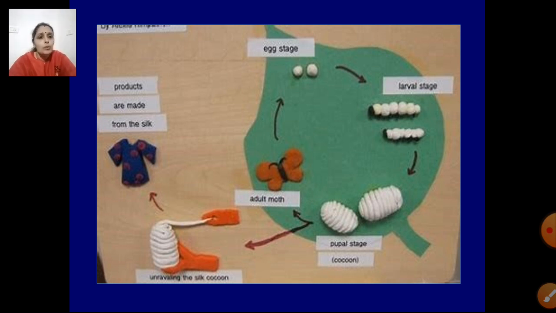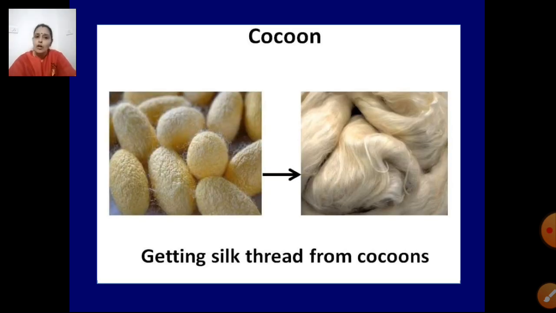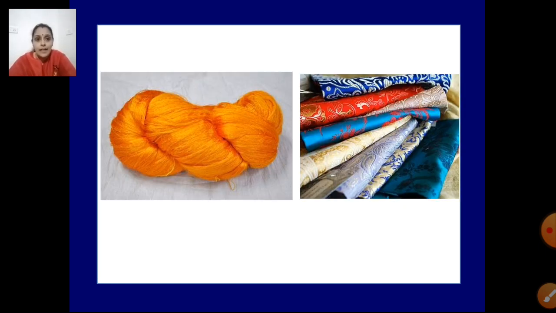Then from the cocoon comes out the adult moth, and this cocoon is used to get silk thread, from which we make silk cloth. Okay, so see the picture here. This is how a cocoon looks. From this cocoon we get silk thread. Then these threads are dyed, that means they are colored different colors, and then they are woven into clothes.